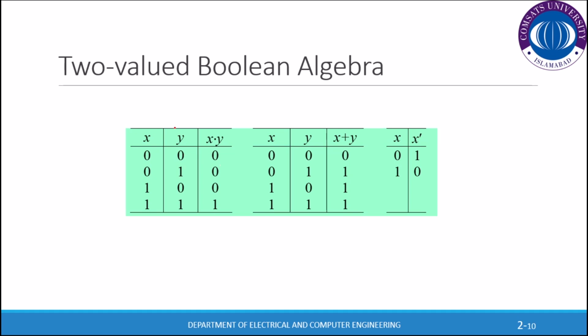First for x and y we write all the combinations: first both can be 0, then any one of them can be 0, and lastly both will be 1. When we apply the Boolean algebra operator dot here, it means that when both the inputs are 1, it will produce a 1. If both of the inputs are not 1, then it will be a 0, and this is an AND gate.